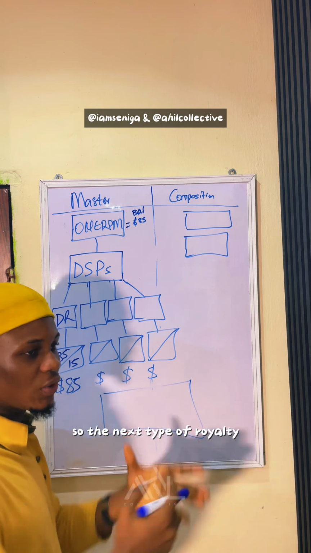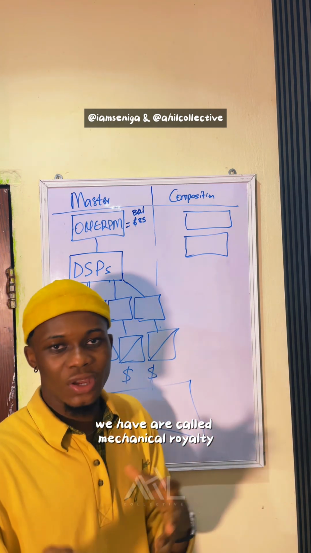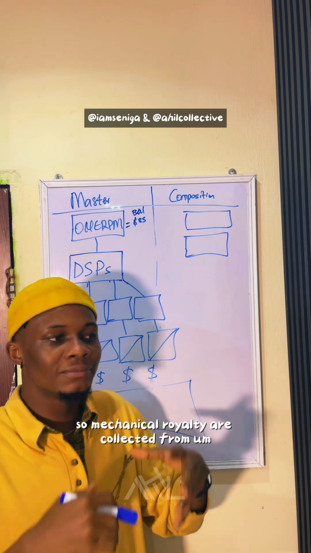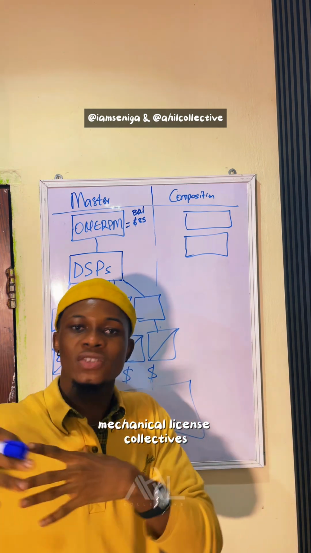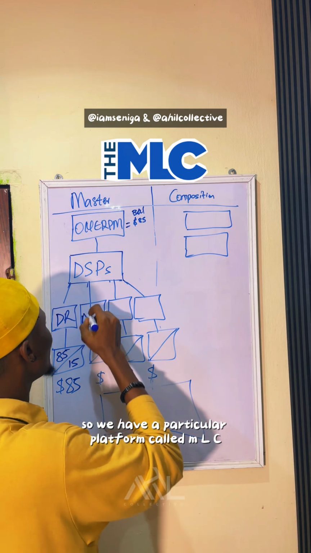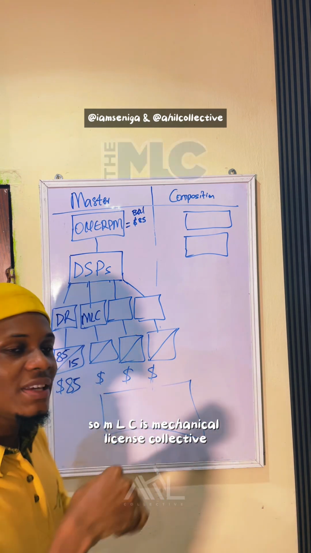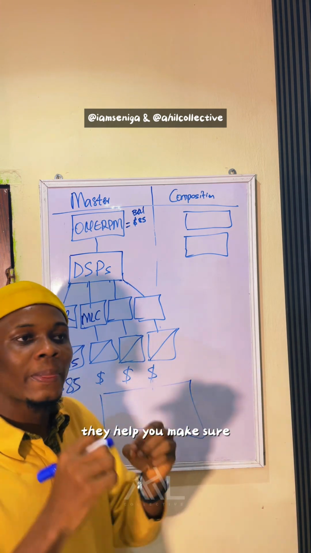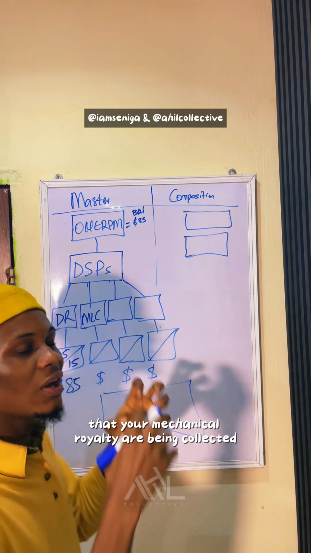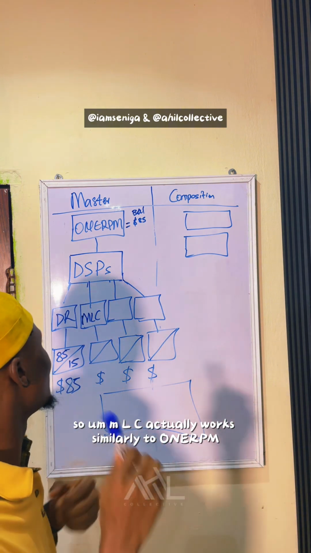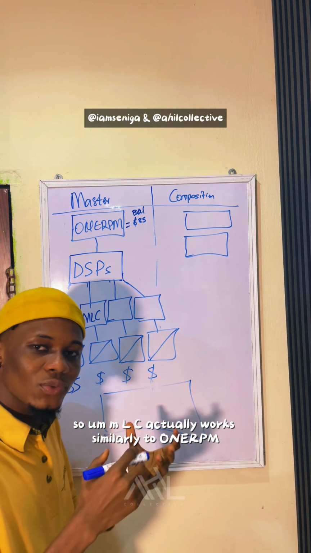The next type of royalty we have is called mechanical royalty. Mechanical royalty is collected by the Mechanical Licensing Collective. We have a particular platform called MLC. MLC is the Mechanical Licensing Collective. They help you make sure that your mechanical royalty is being collected from your DSP still. MLC actually works similarly to 1 RPM.